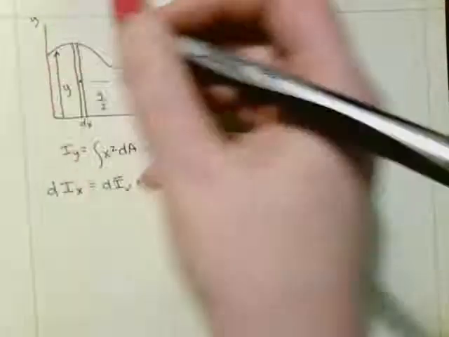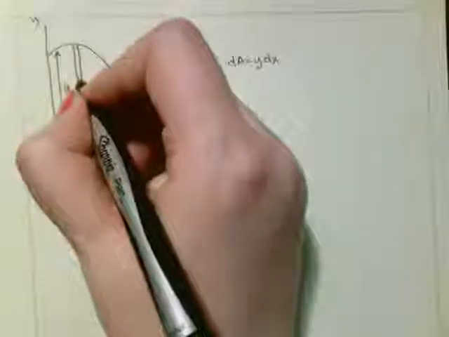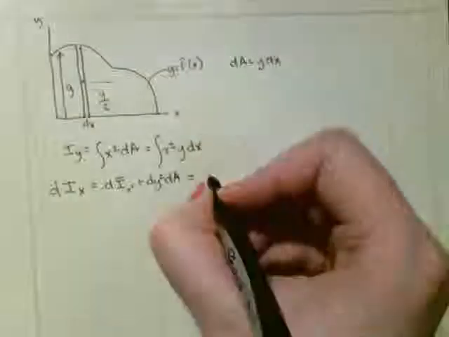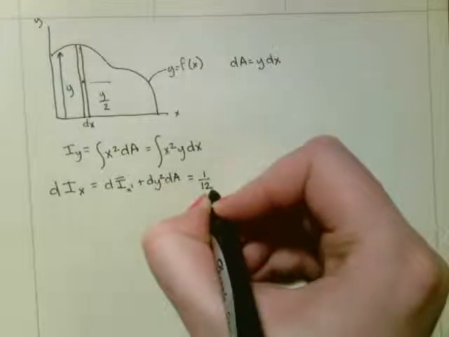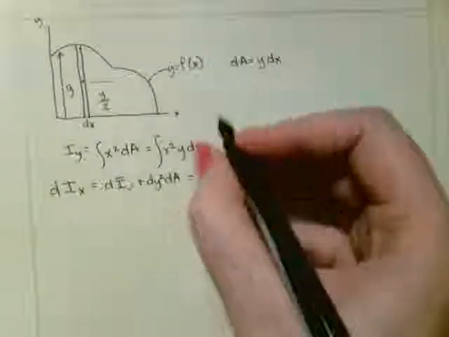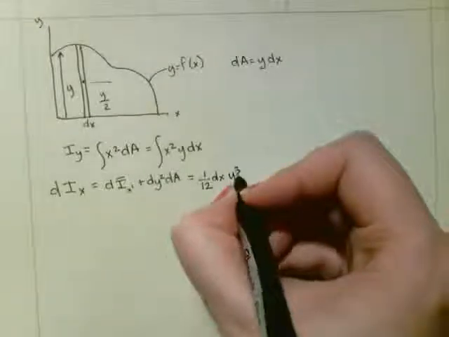So we're looking for Ix of this rectangle, and Ix is equal to 1/12 times the base, which is dx, times the height, which is y cubed.